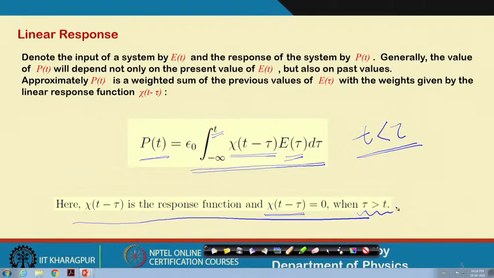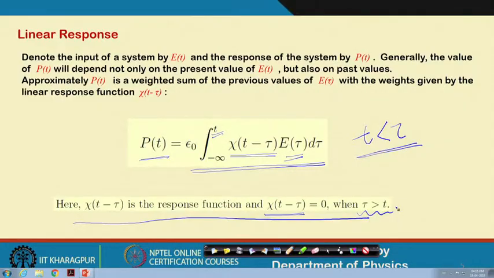Otherwise the system would have polarization before applying the electric field, which is not possible.